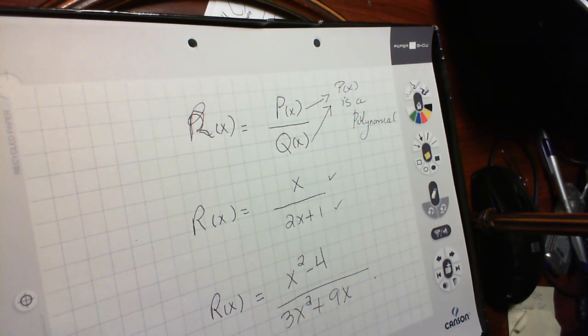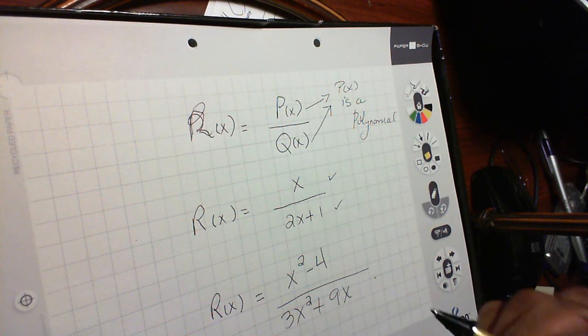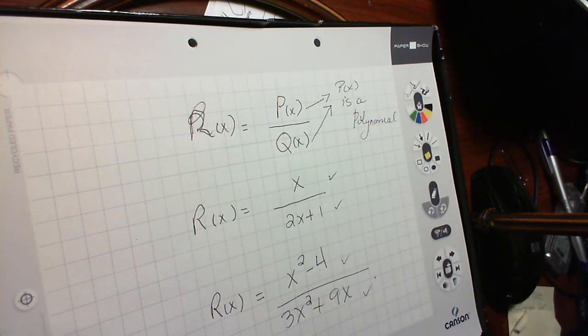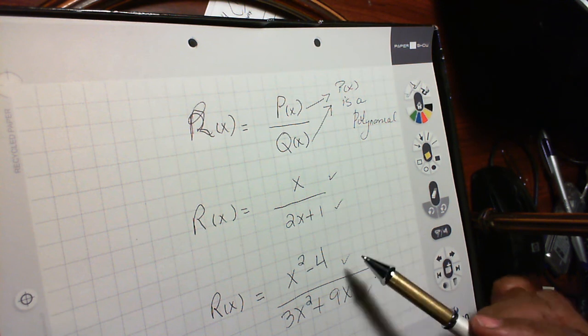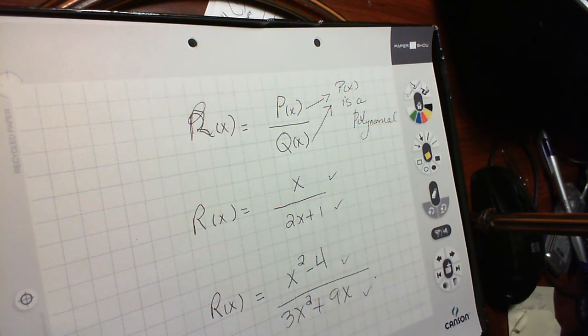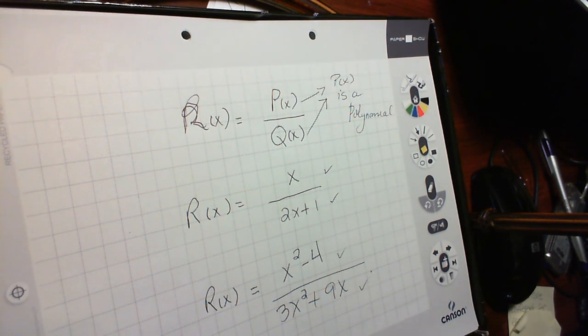Okay, so we have a rational function here. The top is a polynomial, the bottom is another polynomial, so we're in good shape, right? In fact, the top is a polynomial of degree 2, and the denominator is a polynomial of degree 2 as well. This is a rational function.